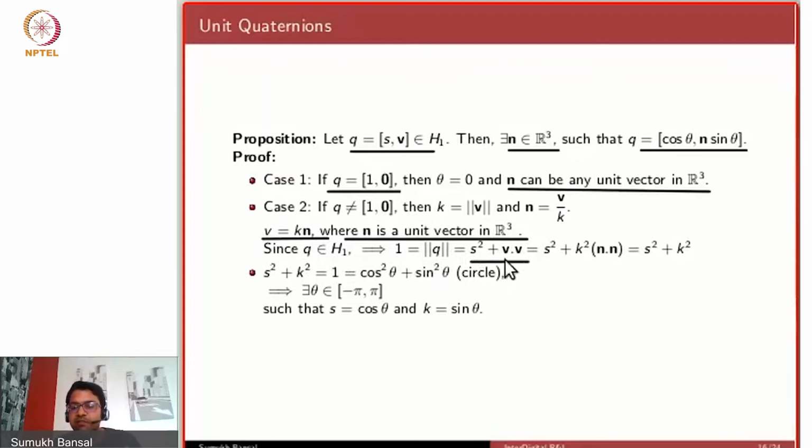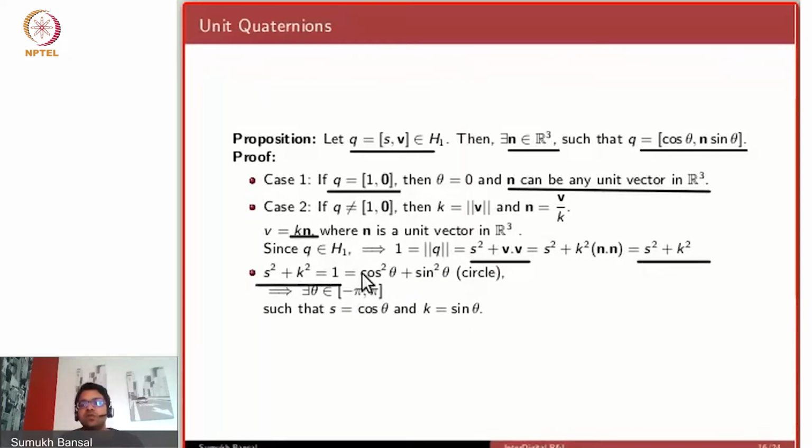We have squared the equation because it is not going to impact both the sides. So if we put the value of v, which is kn, in this expression, because n is a unit norm vector, the dot product of a unit vector with itself is going to give you 1. So we end up with s squared plus k squared equal to 1. This is the equation of a circle, from basic trigonometry.